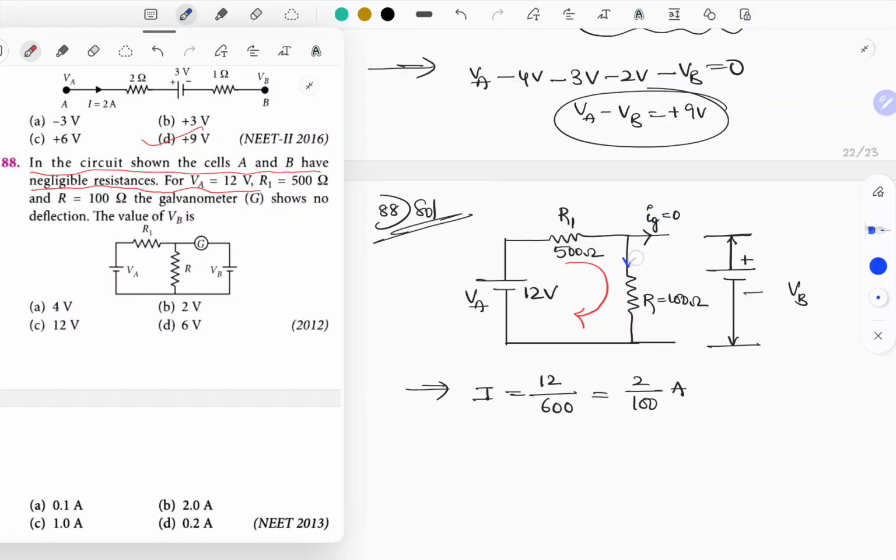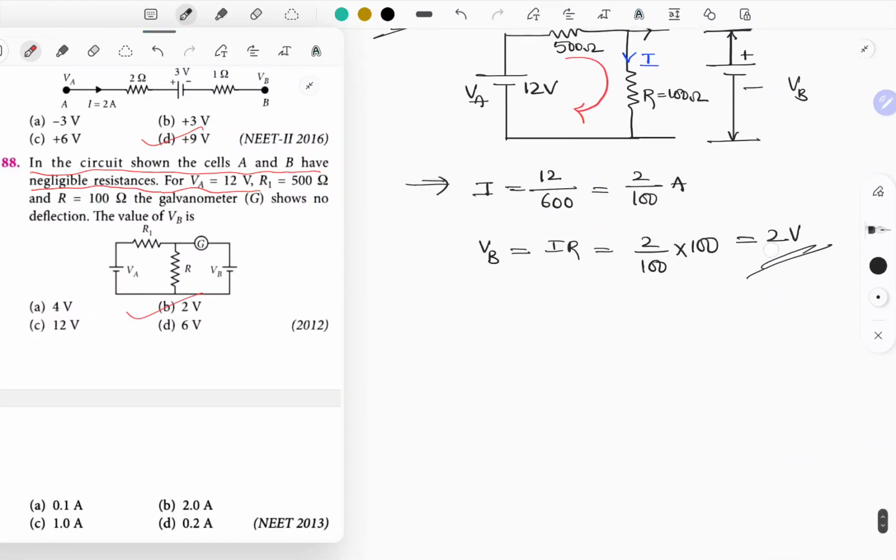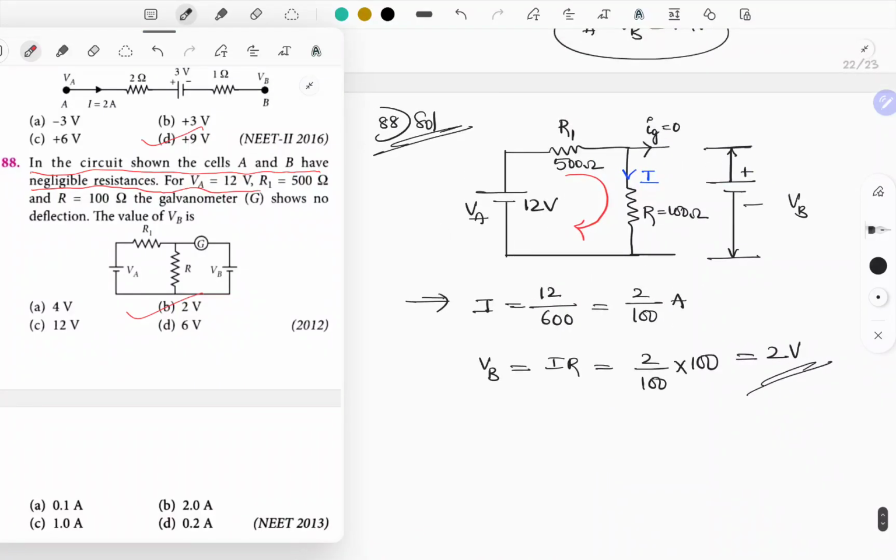So this current I flows through this resistor R also, and the voltage across that resistor capital R is the same as voltage VB, which is equal to I into R, where I is 2 by 100 and R is 100, which is equal to 2 volts. Which option? Option B is the correct one. This is one way. There is another way to answer this kind of question by using the voltage division method.